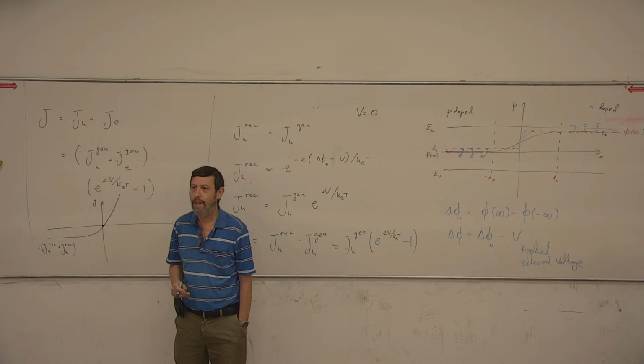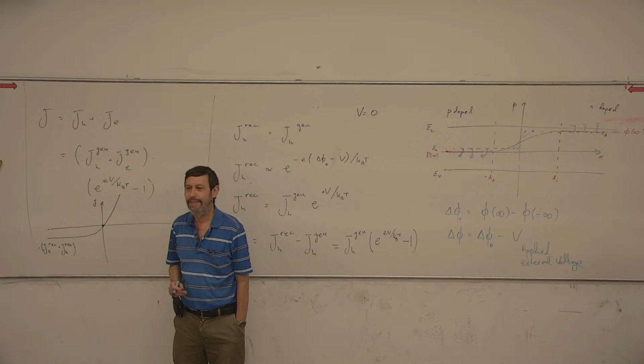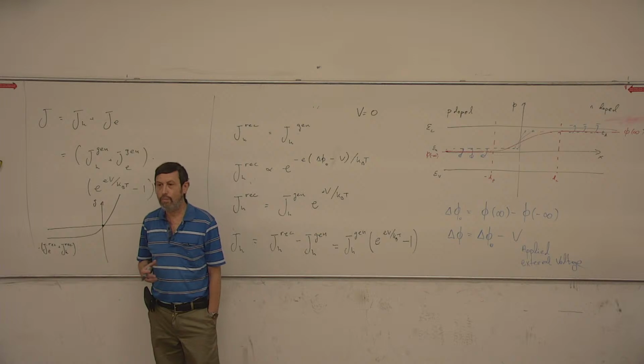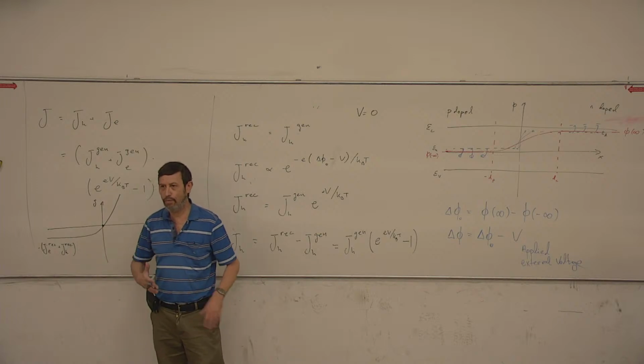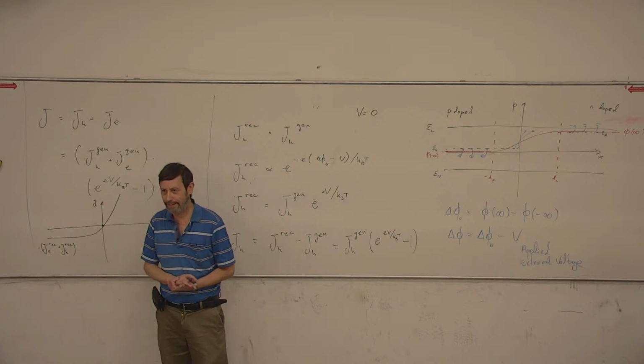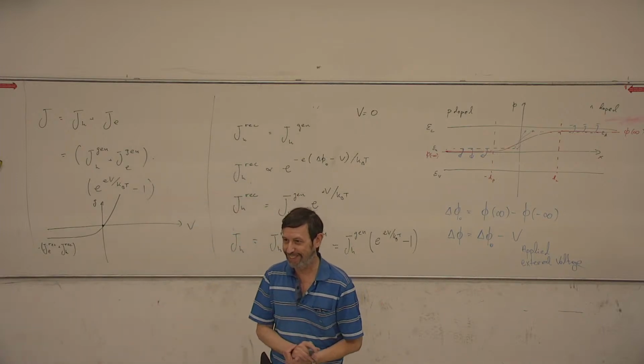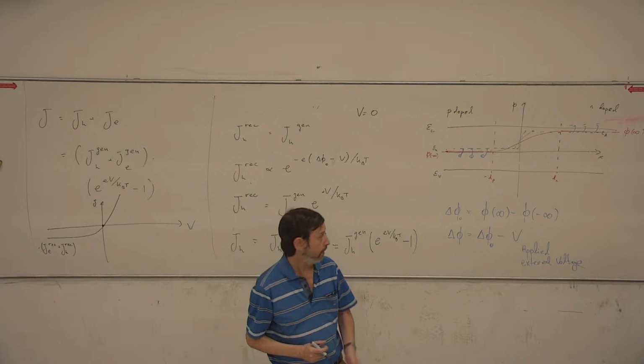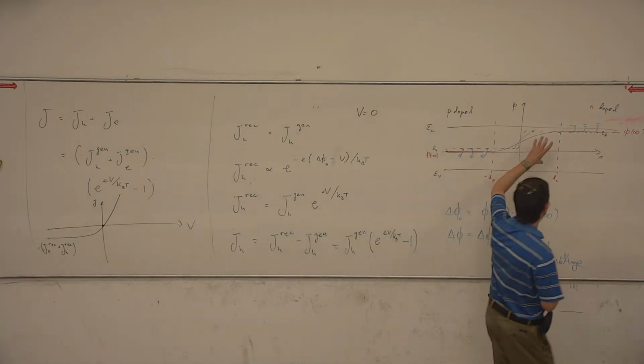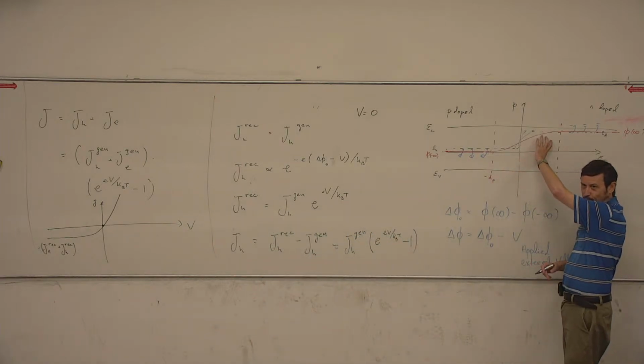You do know that for negative enough voltages, you can have a current, but then you destroy the diode. If you put a strong enough back voltage, as it's called, and you have something above the gap, the whole picture breaks up, right?